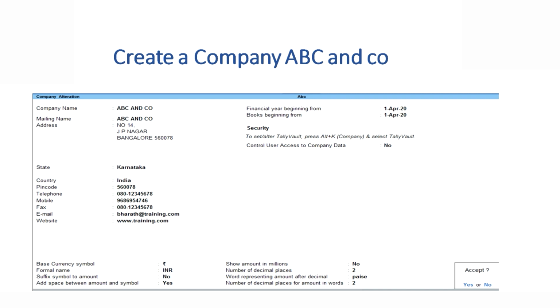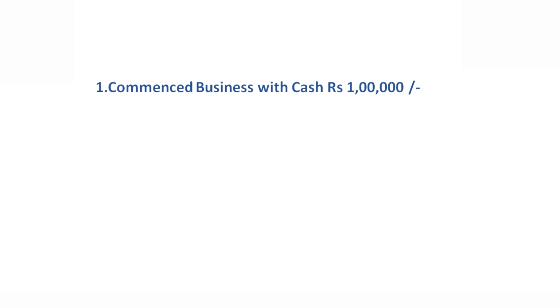To know how to create a company, you can refer to a company creation video. So we'll see the first transaction. It says commenced business with cash rupees 1 lakh. This was the first transaction we are going to pass in Tally Prime.